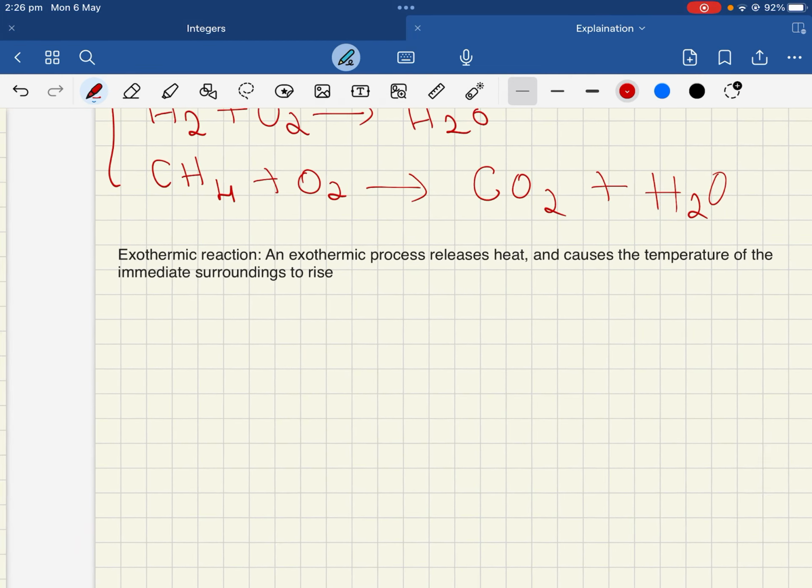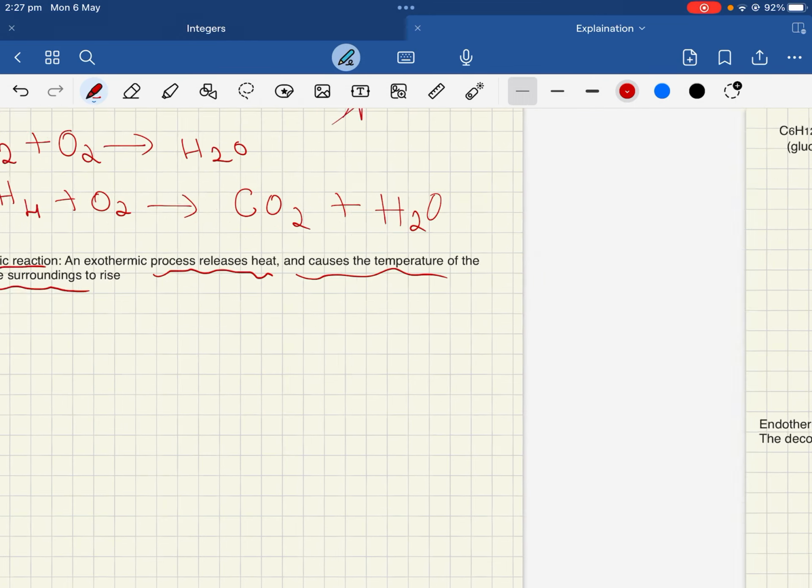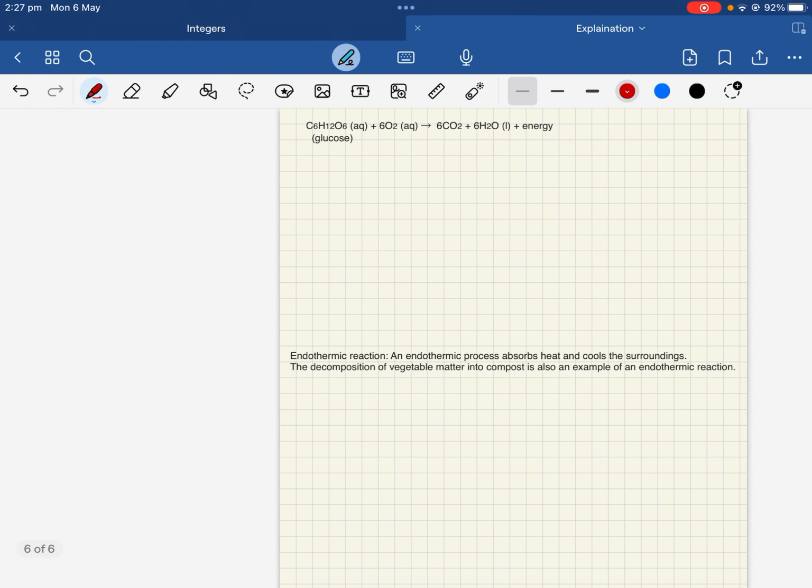Okay, as I talk about, we are coming to exothermic reaction. An exothermic process releases heat and causes the temperature of the immediate surroundings to rise. Okay, let us look at in detail.